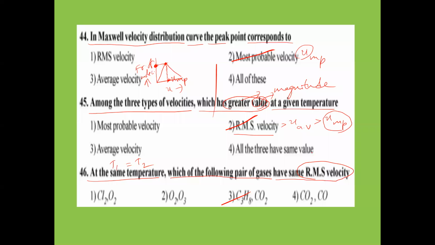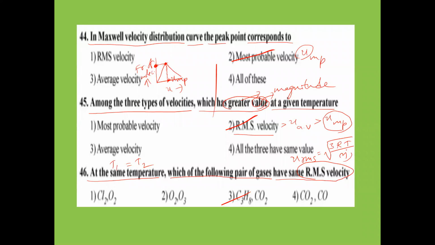Now, the RMS velocity formula: U RMS is equal to under root 3RT by M, right? For the first gas, it will be 3RT1 by M1, and for the second gas, 3RT2 by M2, where M2 is the molecular mass of the second gas.